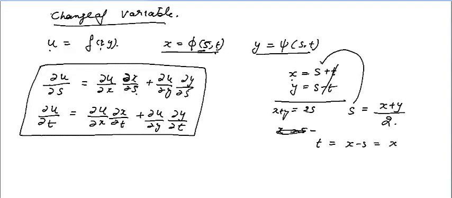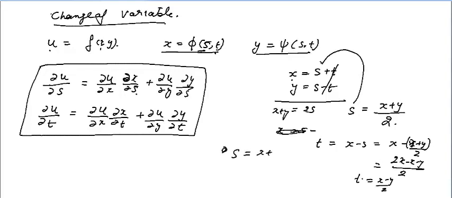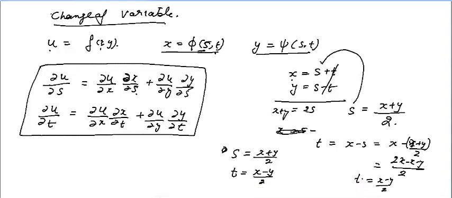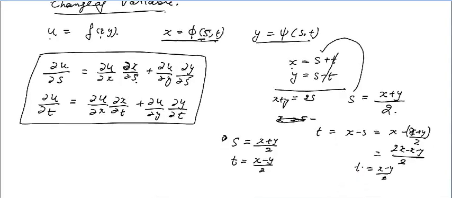So t is x minus s, with s equal to (x plus y) by 2. When you take the LCM, you have 2x minus x minus y, so you have (x minus y) by 2. So s is equal to (x plus y) by 2, and t is equal to (x minus y) by 2, which means s and t are both depending upon x and y.